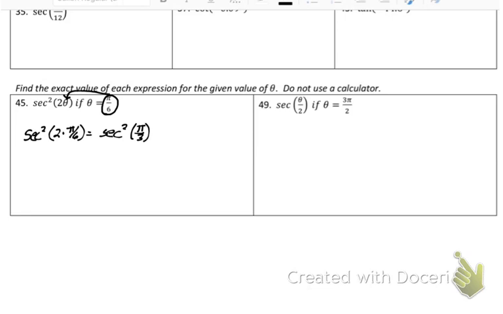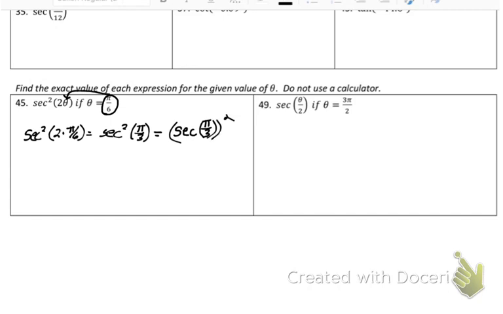What's really confusing about this is that square and where they put it. They put it in a weird place, but it doesn't mean you're doing anything different. I can rewrite secant squared pi over 3 as secant of pi over 3 and then square it.